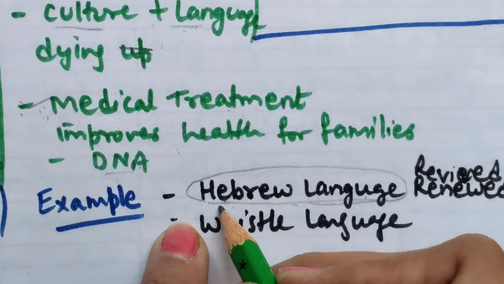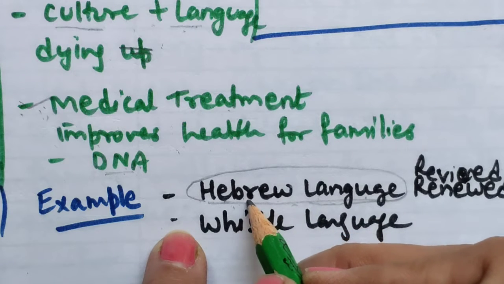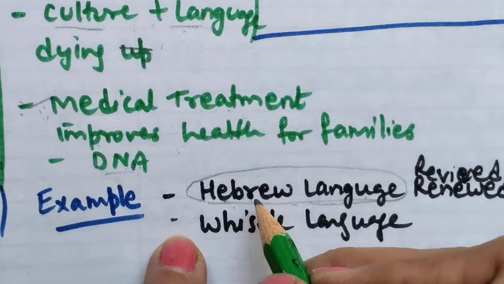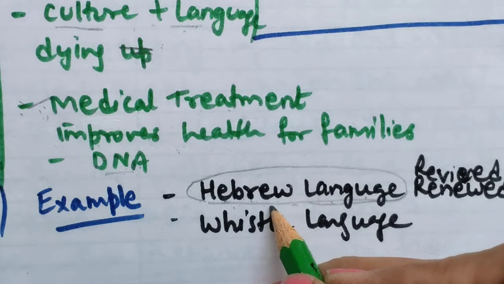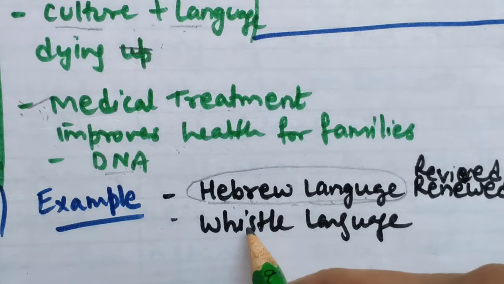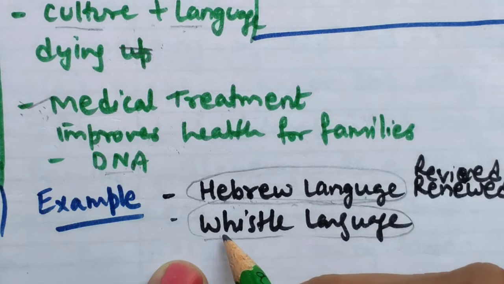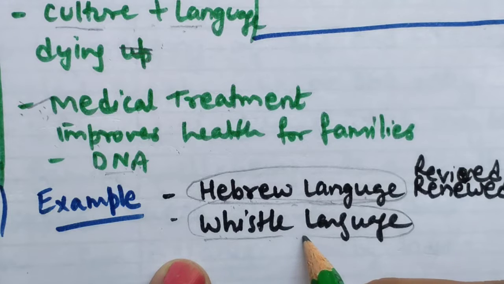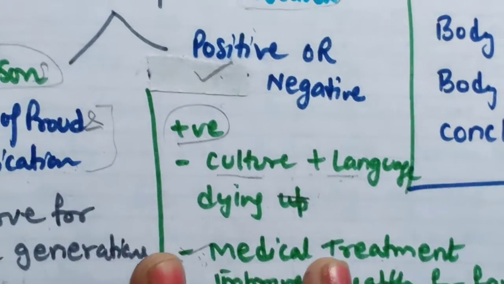I was not aware of what Hebrew language is, then I came to know that these people have revived this language, which was almost lost from this world. And the whistle language in Spain, they have also revived. The government as well as common community people have revived this whistle language on an island somewhere in Spain. So these were the points.